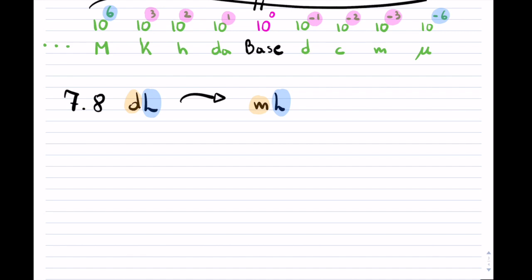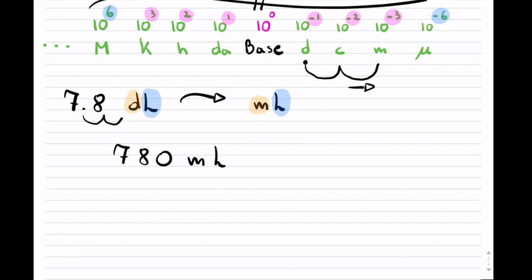And the way that I would do that is I'm going to start from D, which is the deci, so that's right here. And I'm going to jump over to milli, so I'm going to jump 1, 2, and I'm moving in this direction. So that means I'm going to jump 2 decimal places over, which will give me 780 milliliters.